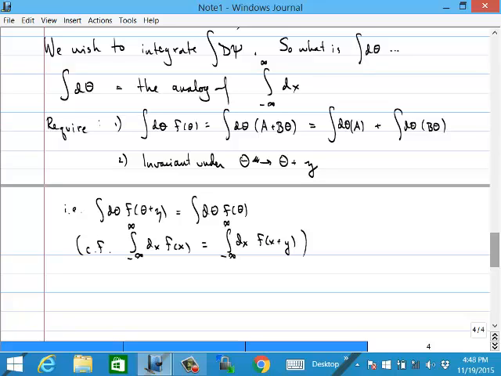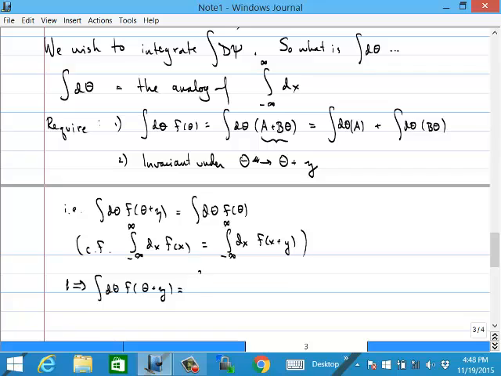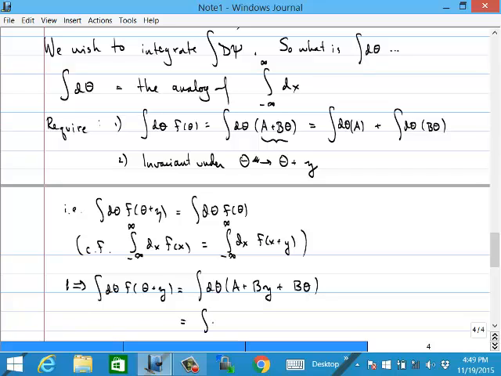So what does this mean? Explicitly, the integral d theta of f of theta plus eta, if we take this linear function here, is the integral d theta of a plus b eta plus b theta. By our linearity requirement, that is the integral d theta of a plus b eta plus the integral d theta of b theta.